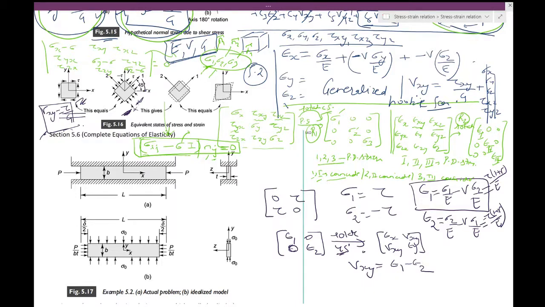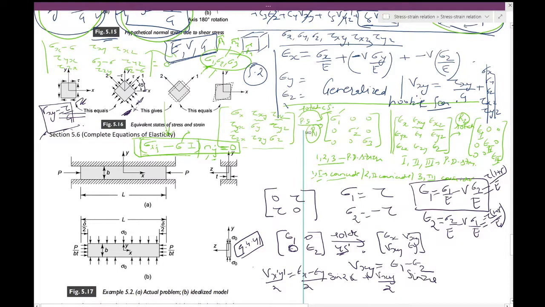Yes, so you have to check equation 4.41. In that you have gamma x dash y dash by 2, and that is equal to epsilon x minus epsilon y by 2 sine 2 theta plus gamma xy by 2 cosine 2 theta.